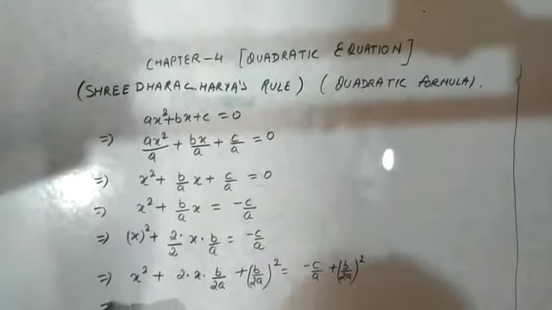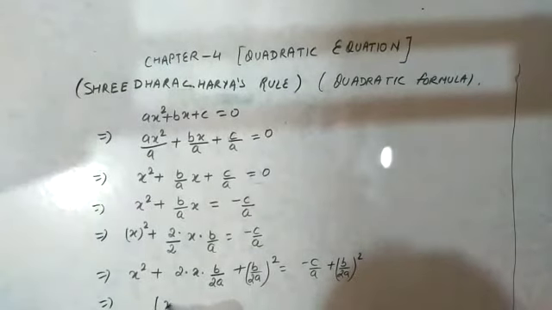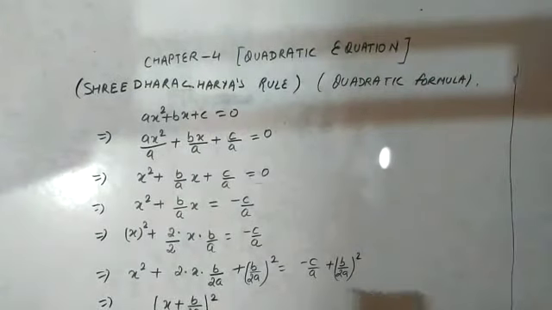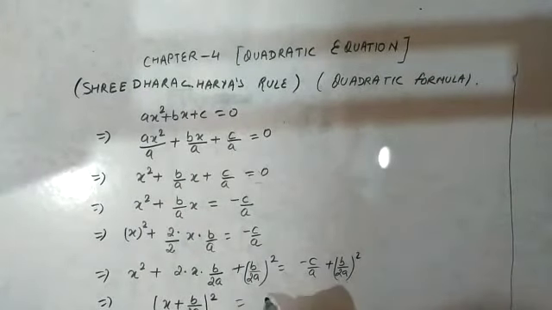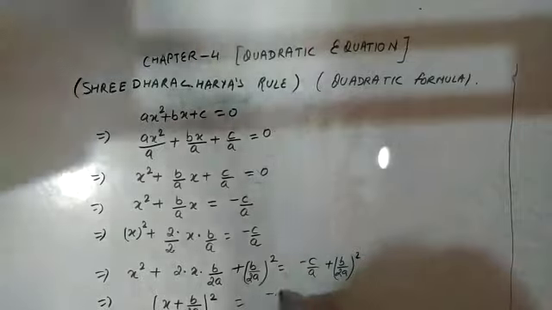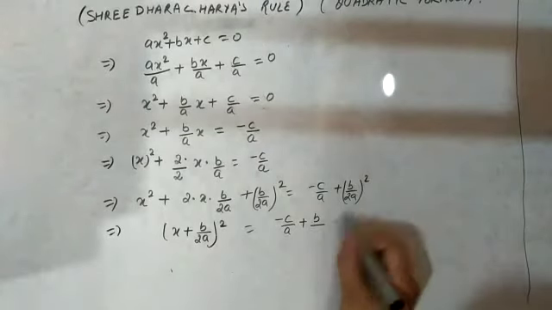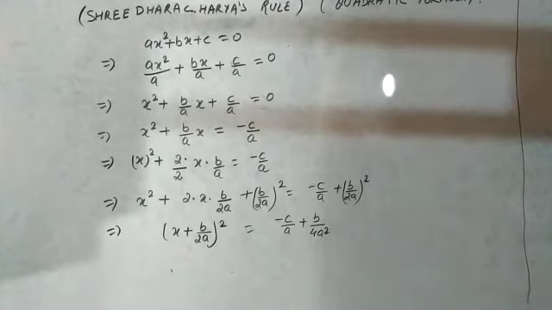Okay, now this whole can be written as x plus b by 2a whole square equals to minus c by a plus b square by 4a square.